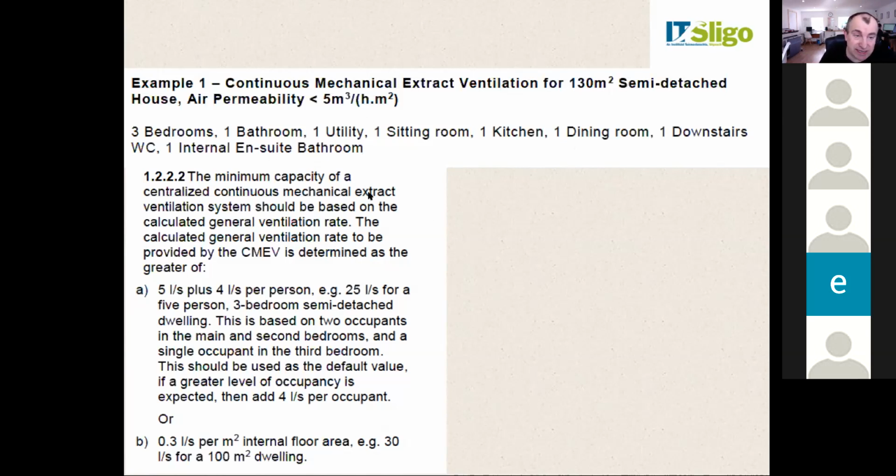What this house, the air that's required for this ventilation system, is that you have 5 liters per second. If you imagine a liter of milk filled with air, we have 5 of those, plus 4 liters per second per person.